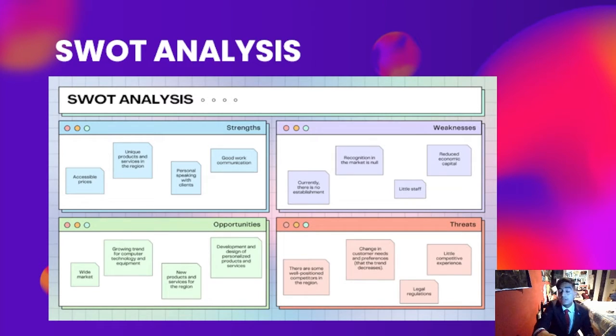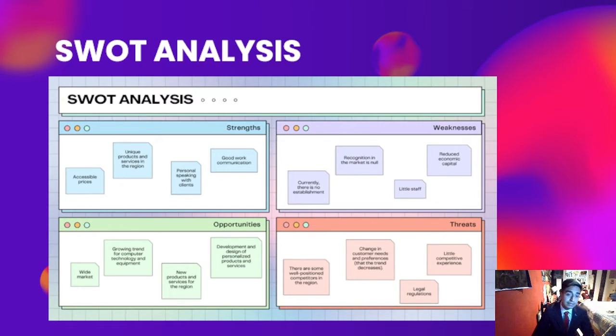In the SWOT analysis, we have the strengths: accessible prices, unique products and service in the region, personal treatment with the clients, and good work communication. In the weaknesses, we have that currently there is no establishment, recognition in the market is null, little staff, and reduced economic capital.